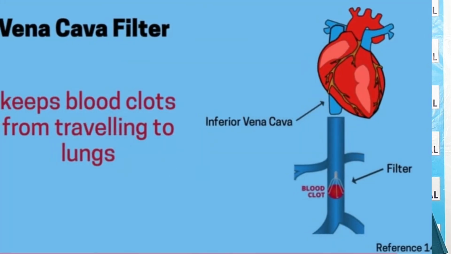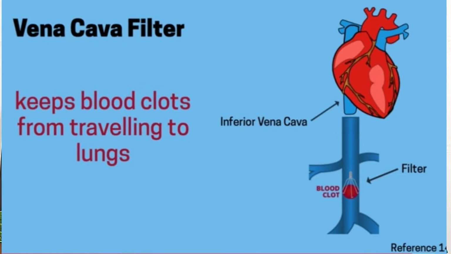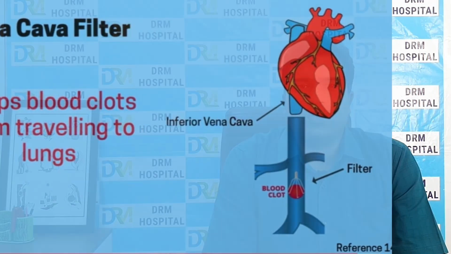Some patients at risk of recurrent pulmonary embolism should have an inferior vena cava filter inserted, which helps prevent clots from going and getting lodged in the pulmonary circulation.